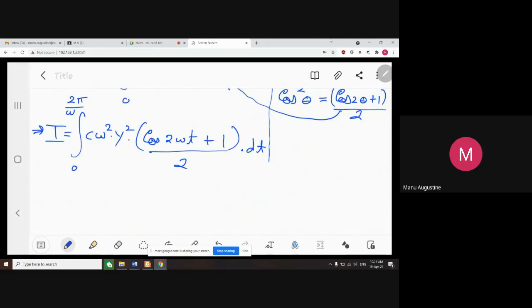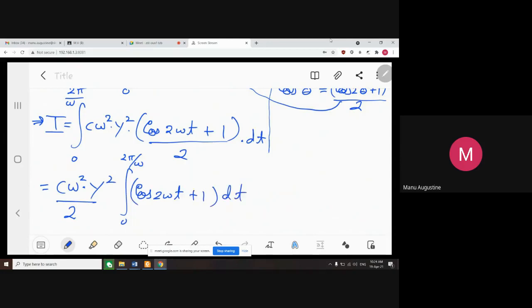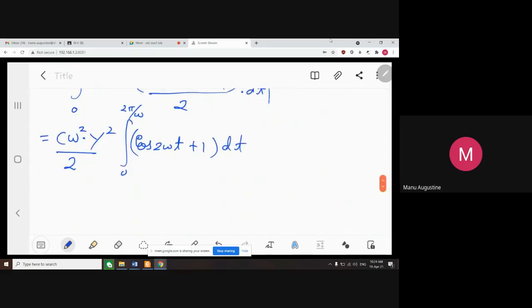So let us continue. We will take all the constants outside. Now once again, this integration is totally up to you.